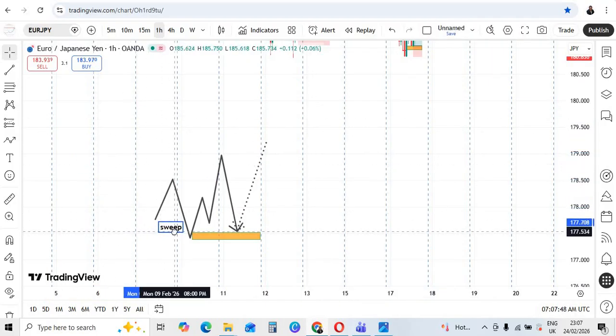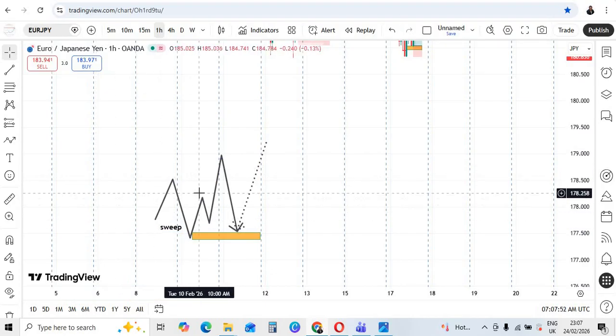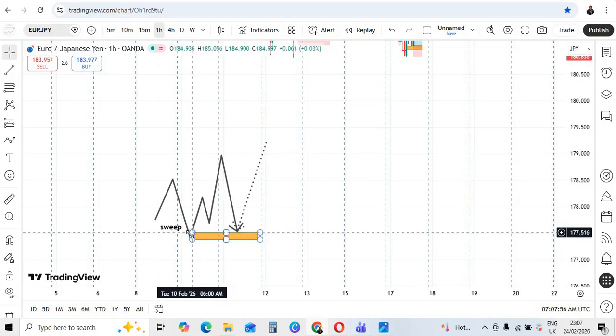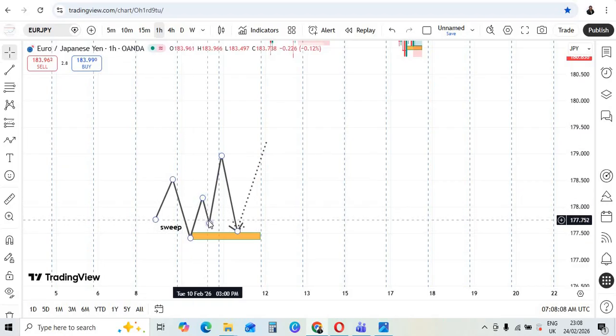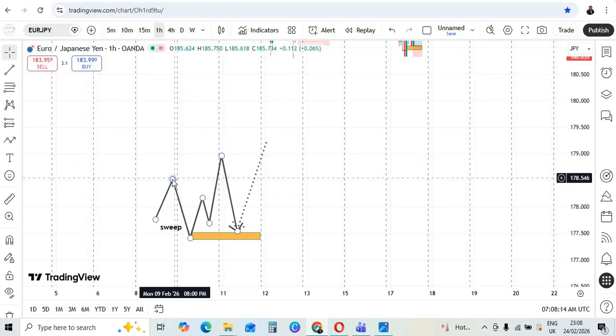We're having a sweep of this previous low here. Then after the sweep, we had price coming to this level. We had a push, a pullback. You can see price gave us a high. Then we had a retracement. Then we went further to take out this high here, this last high.